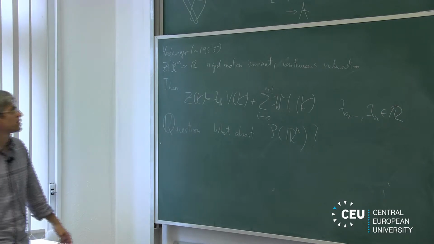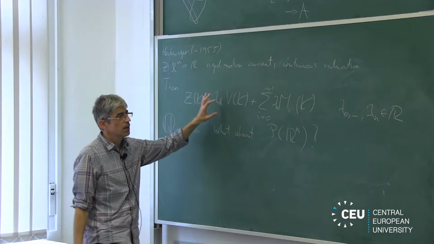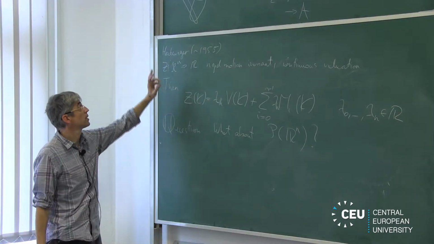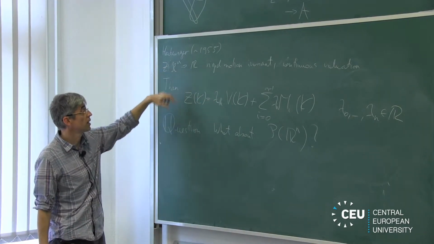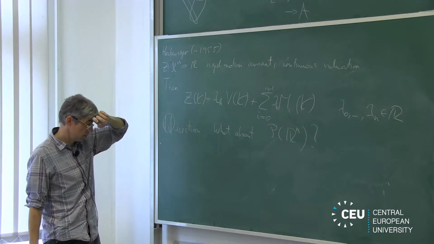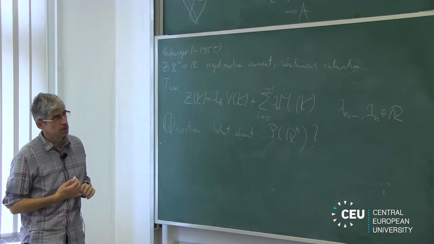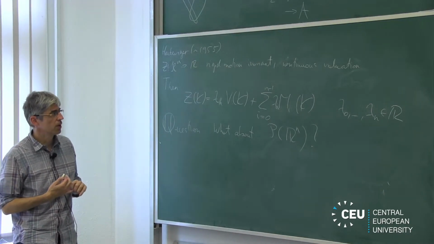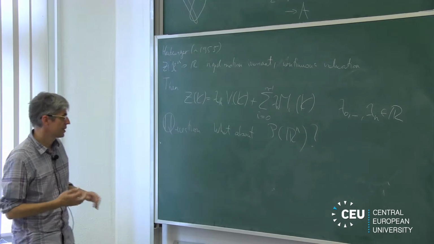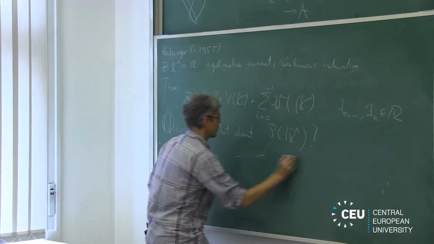The known arguments to prove this: for a very long time there was one argument designed by Hadwiger, and about 20 years ago Dehn came up with a simpler argument, but for each argument there is one kind of essential step.